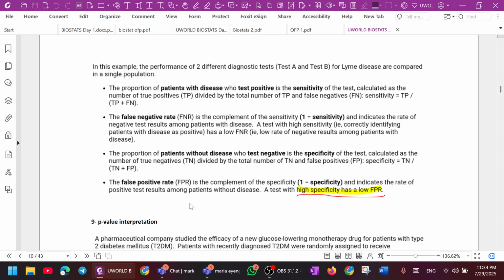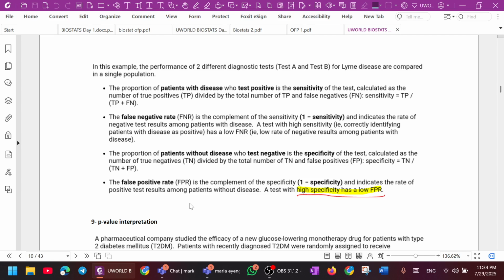Yes, it makes sense. So you have Lyme disease, you test positive with test A, whereas with test B, you may have Lyme disease and you test negative. So test A has high sensitivity, I think that's why it wasn't making sense for you. It has high sensitivity, so it's able to find the true positives.